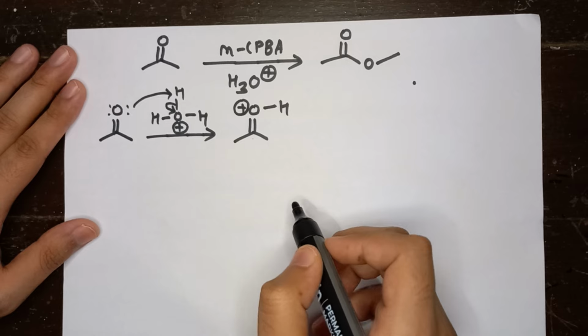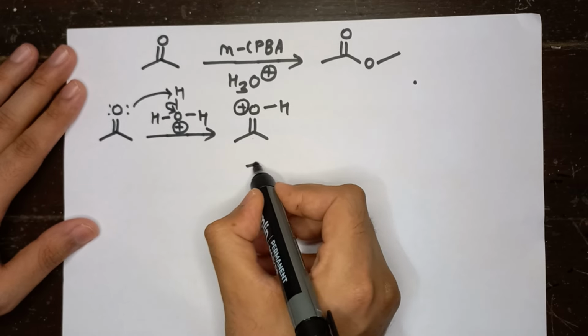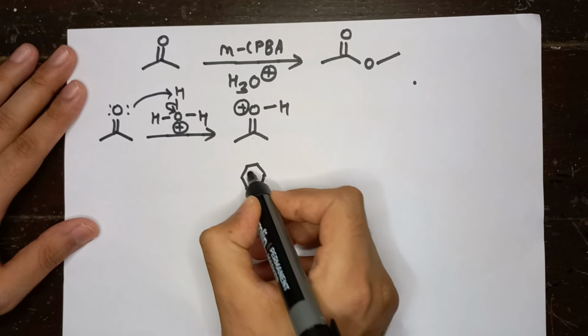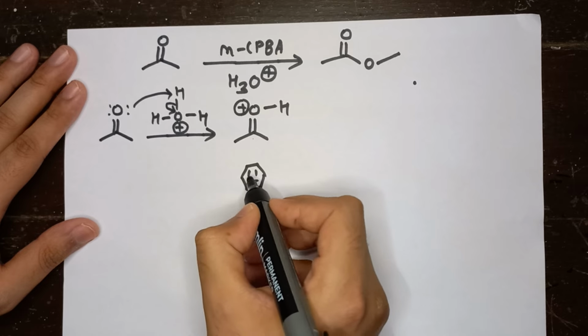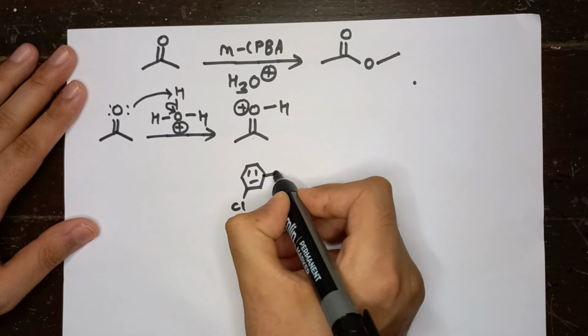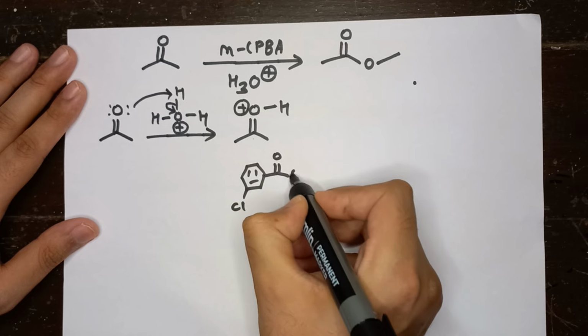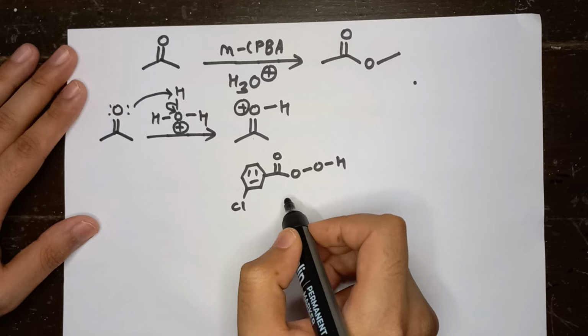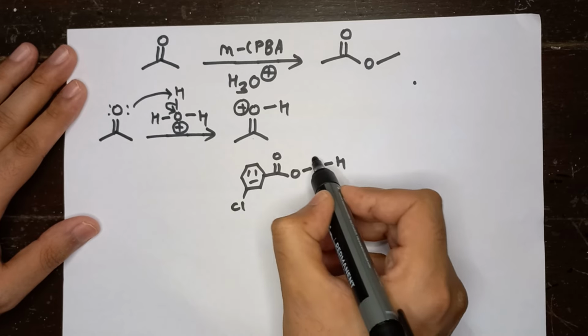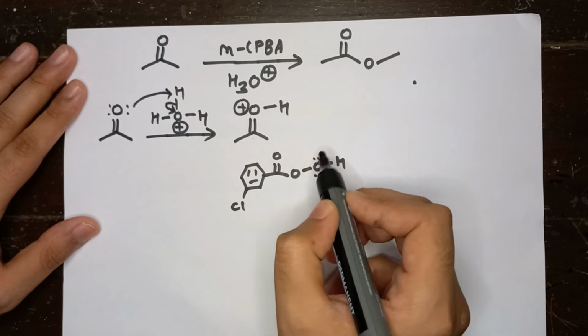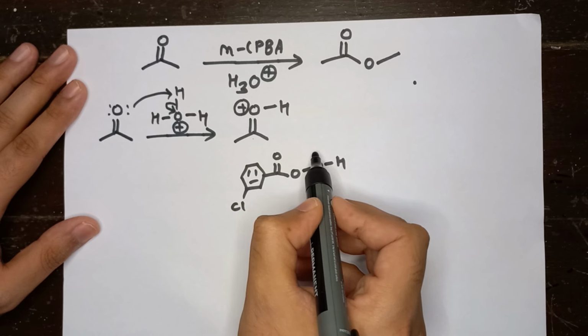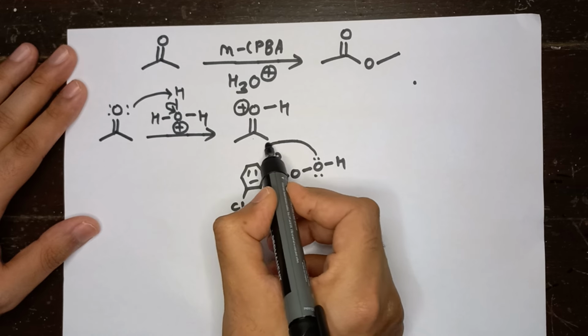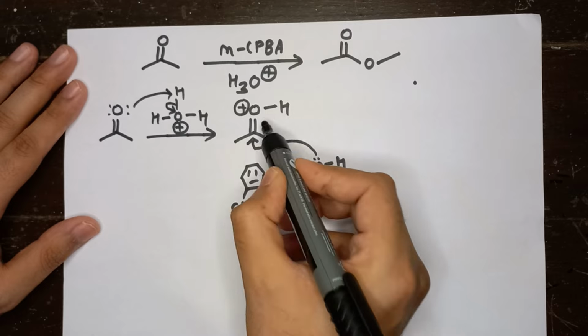Now the m-CPBA will come into picture. So this is metachloroperoxybenzoic acid, and this oxygen of this m-CPBA will attack at this carbonyl system, breaking this bond.